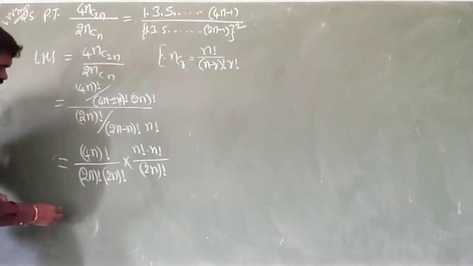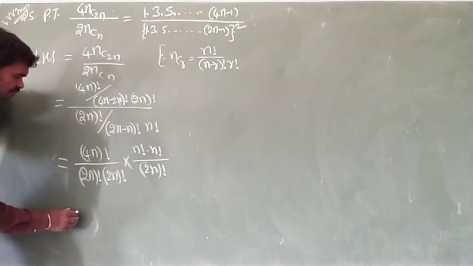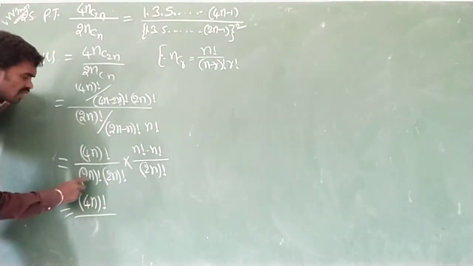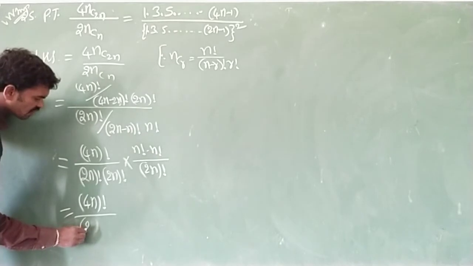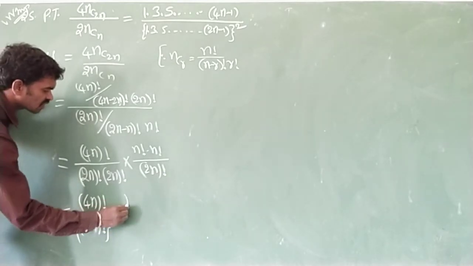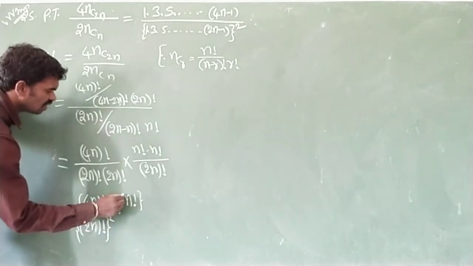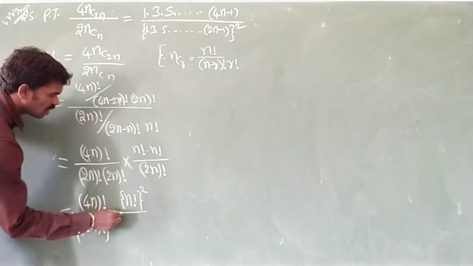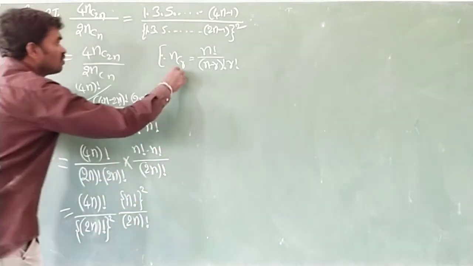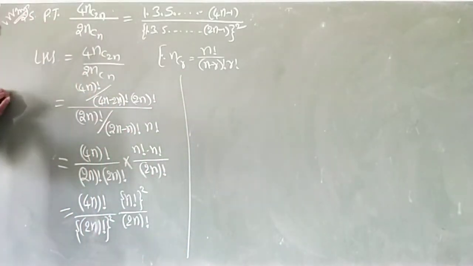So which is equal to 4n factorial by 2n factorial into 2n factorial, so we can write 2n factorial whole square into n factorial into n factorial, n factorial whole square by 2n factorial. Simplifying this, you can get RHS.